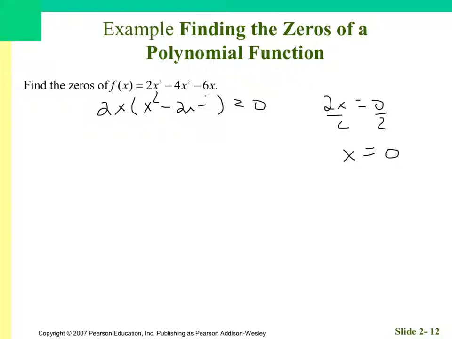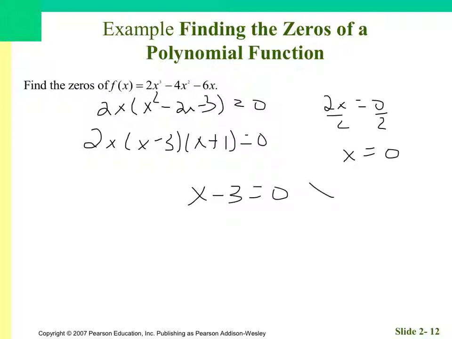Except this wouldn't be 1. This would be 3. So yes, we still have the 2x. Is there anything that multiplies to negative 3 and adds to negative 2? Yeah. x minus 3, x plus 1. So now you have 2x equals 0, x minus 3 equals 0, x plus 1 equals 0. x equals 3, x equals negative 1.